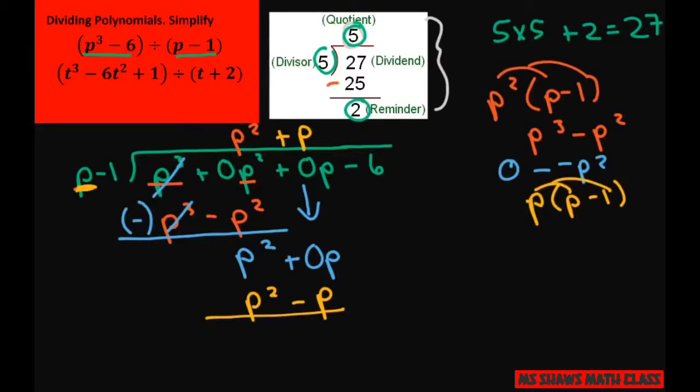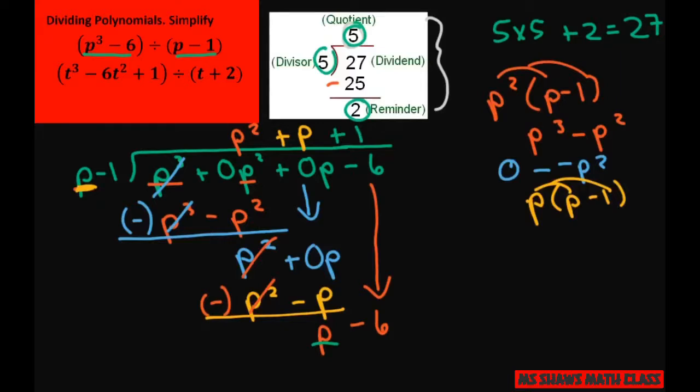And then we subtract. That zeroes that out, which is what we want, and then we get a positive p here. Then you bring down your -6. And you ask yourself, what times p gives me p? That's just going to be plus 1.